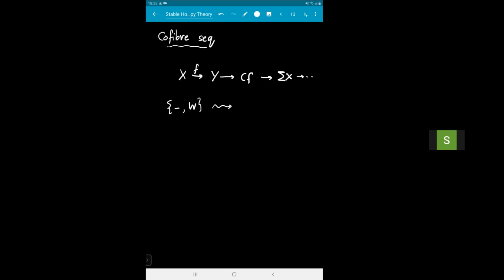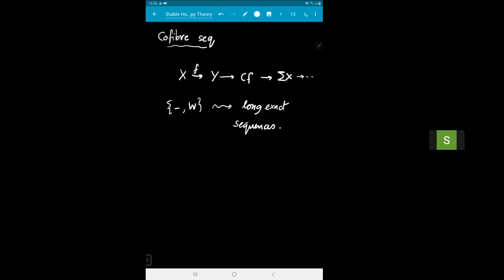Now there are two things happening when you are in spectra. First is that because the suspension is invertible, that means every spectrum up to homotopy is a double suspension. So these are always abelian groups. Okay, so that's part of the triangulated structure which I am talking about here. So this gives long exact sequences by exactly what we have proved last lecture for spaces.